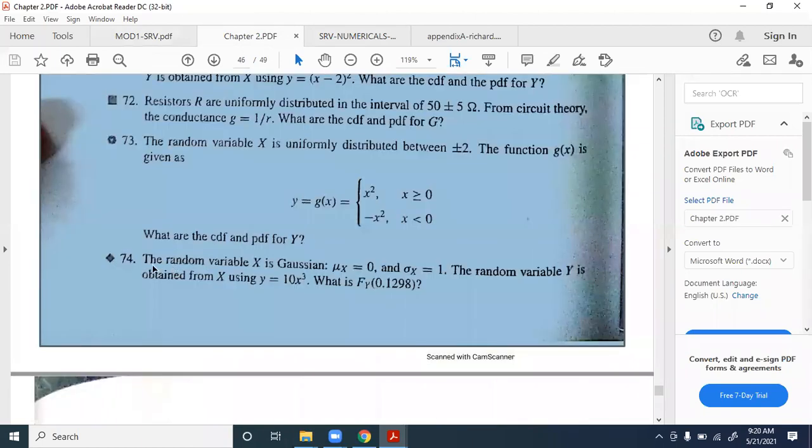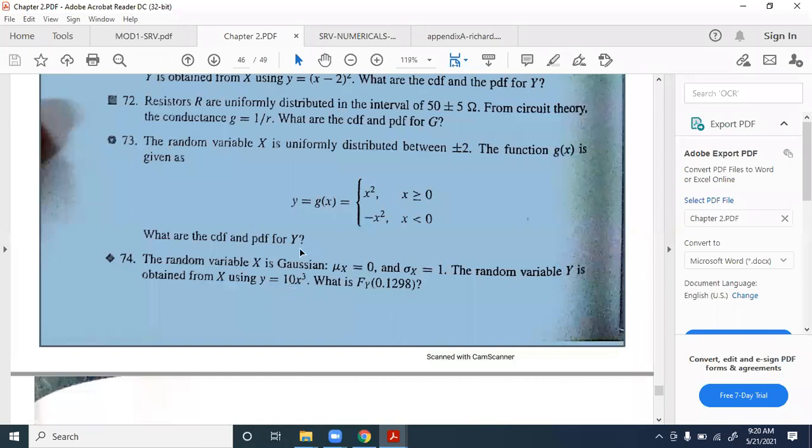Problem 74: the random variable x is Gaussian with mu x equal to 0 and sigma x equal to 1. This is the mean and this is the standard deviation, and we are considering Gaussian. Because it is 0 and 1, we need to consider that this is a normalized Gaussian random variable. Now the random variable y is obtained from x using y equal to 10x squared.